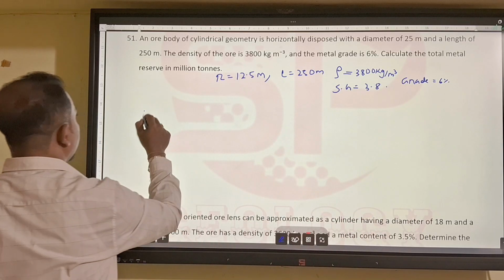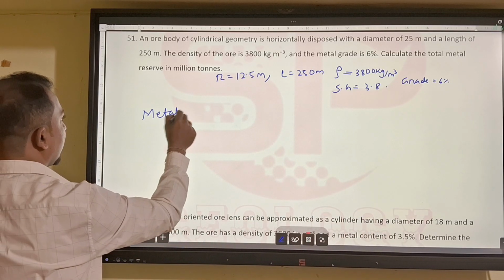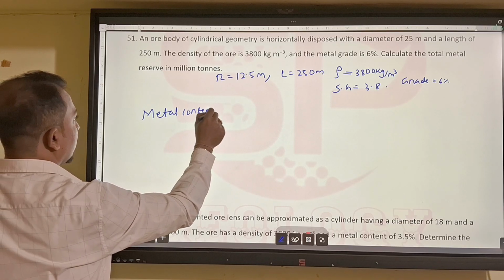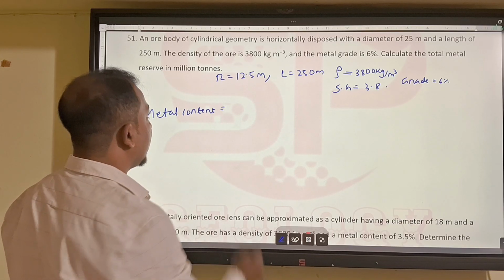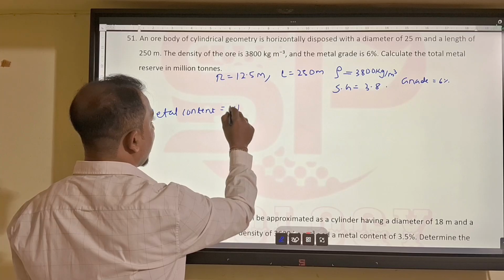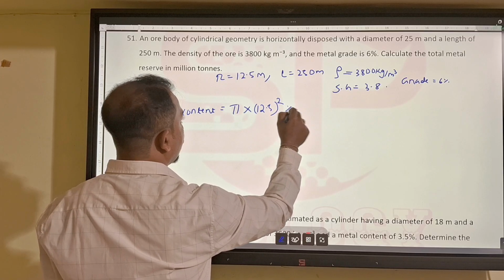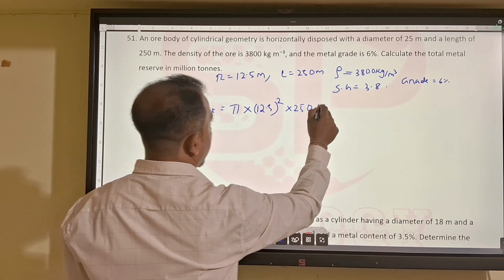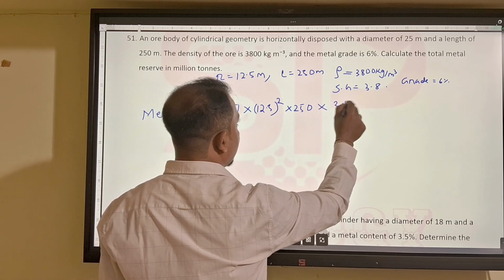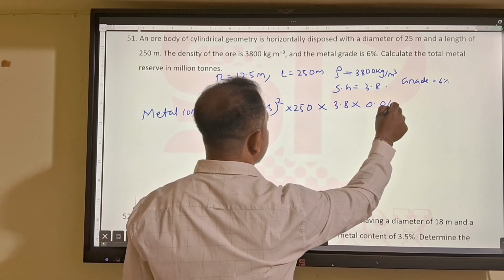So the metal content will be volume into specific gravity into grade. So volume is pi r square, 12.5 into 250, into specific gravity 3.8, into grade 0.06.